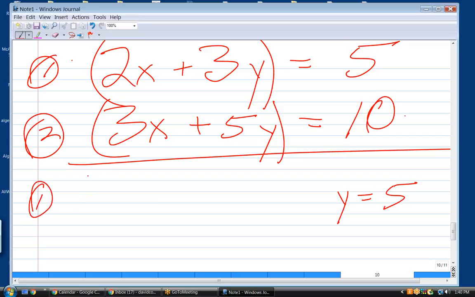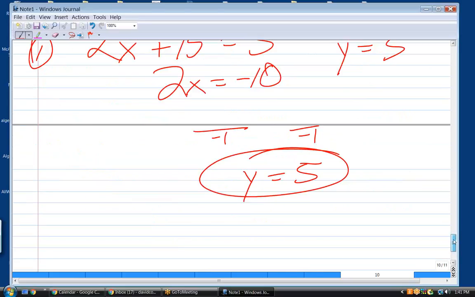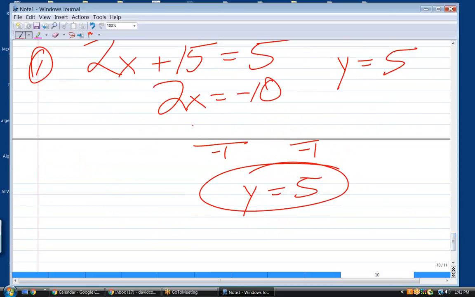Tell me what to write. 2x plus 15 is equal to 5. Next. 2x is equal to 5 minus 15. Give me a number. Minus 10. Next. Divided by 2 on both sides. Give me a number. The number is going to be minus 5.